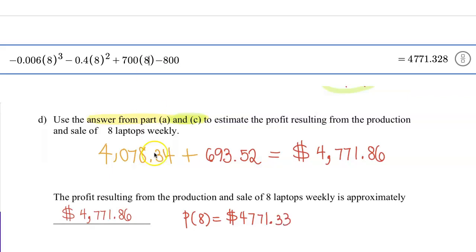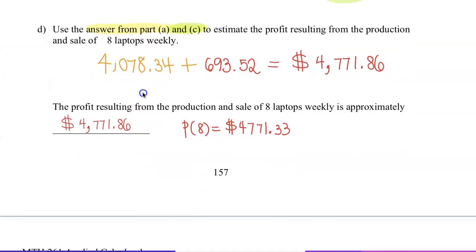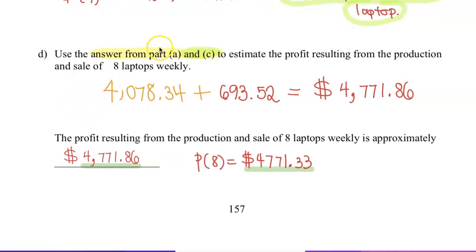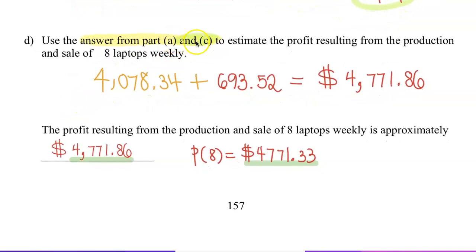Notice this is very, very close to what we got using the marginal profit function. I'm comparing these two numbers. I think the way they worded this, telling us to use the answers from part A and C, you want to go with the sum of these two answers instead of the actual value you get after plugging in. So check that part very carefully on MyLab and on your homework problem.